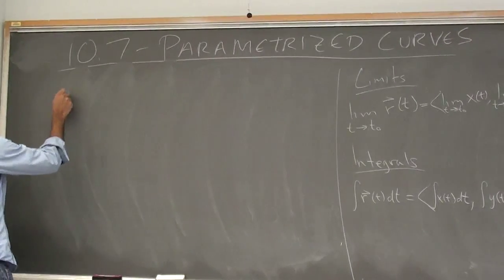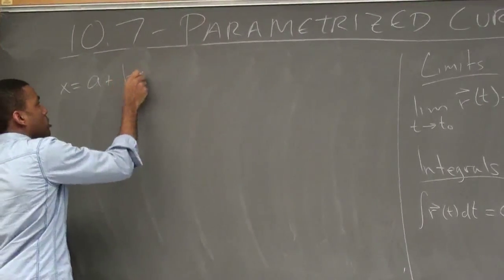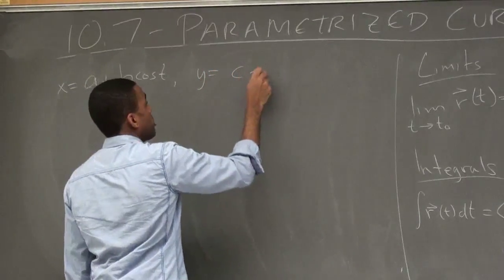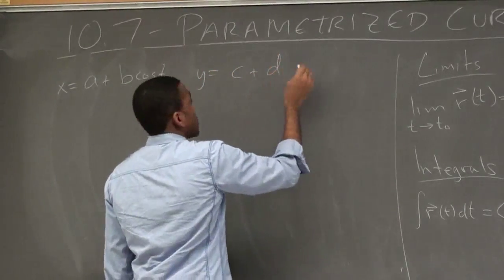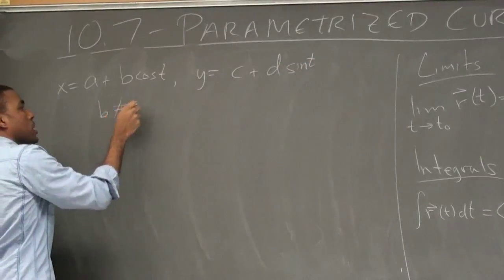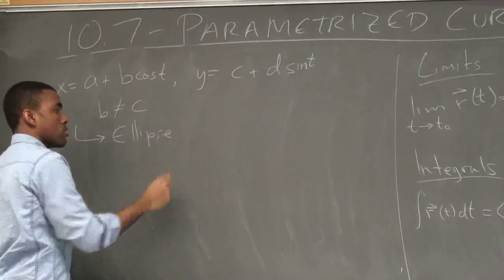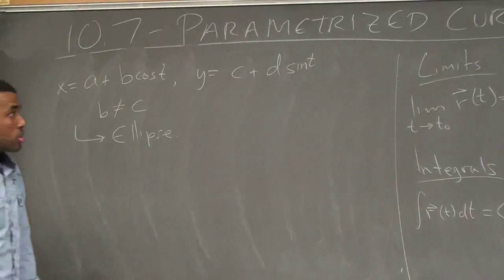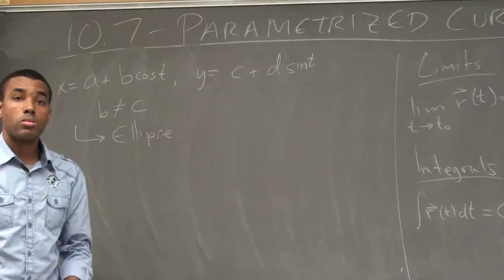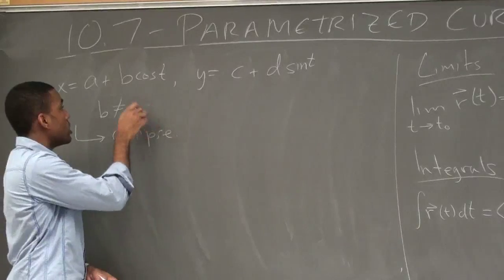So if you see something like x equals a plus b cosine t, y equals c plus d sine t, b not equal to d, then this gives you an ellipse, not a circle. And the major axis is determined by the bigger one. Did you mean to put b is not equal to c or b is not equal to d? b is not equal to d.